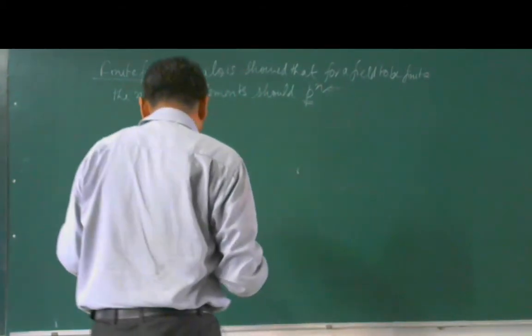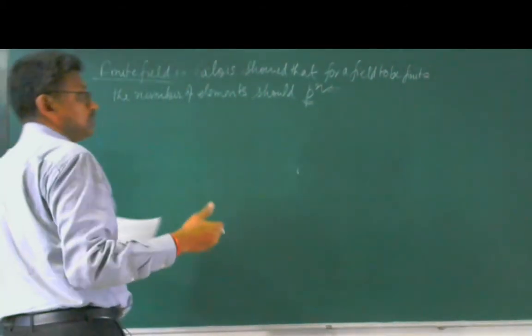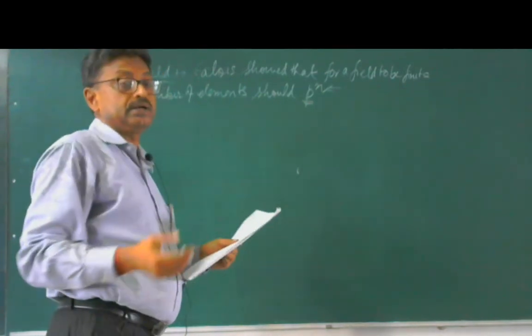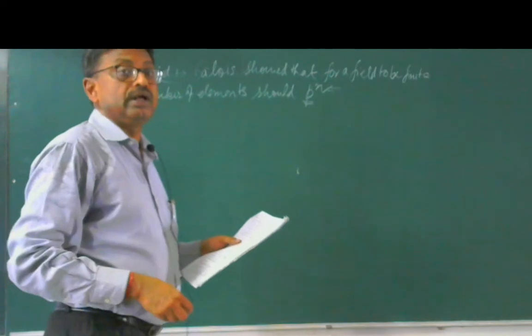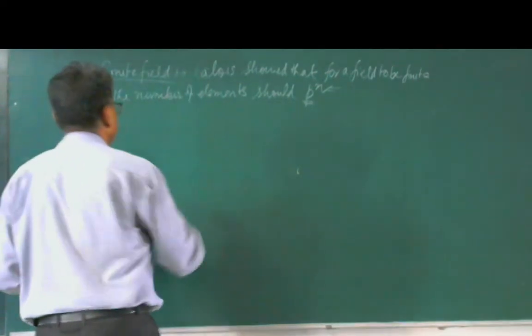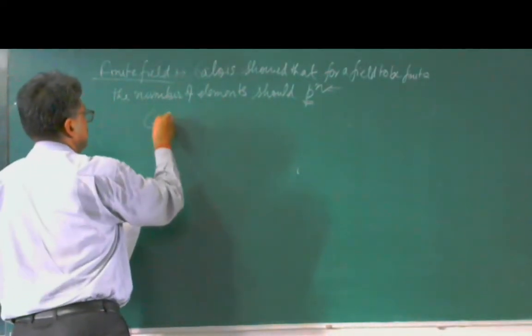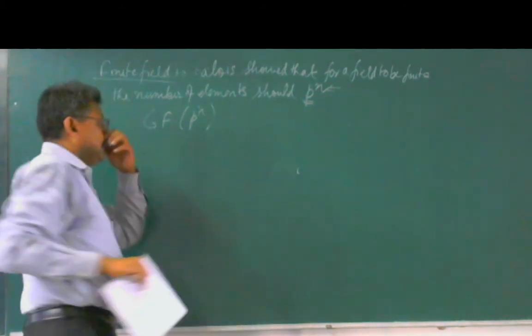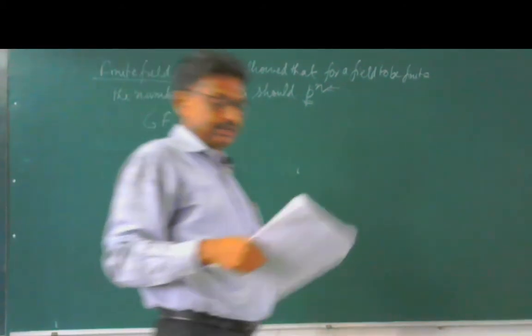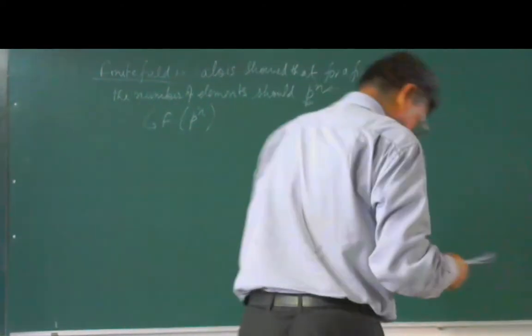So the finite field is designated by Galois. A finite field is also called a Galois field, and a Galois field is represented as GF(p^n), where p to the power n is the number of elements present in that particular field.